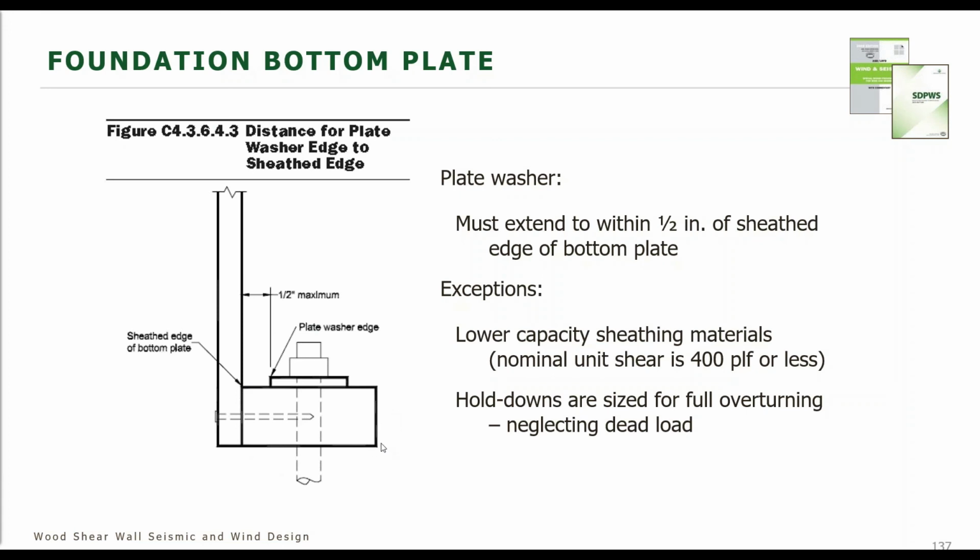But I suspect it had to do with a failure mode that was noticed after earthquakes. What happens for a one-sided shear wall, or even two-sided, is when that shear wall rocks back and forth, it will apply an uplift load on this sill plate, inducing cross-grain bending in this sill plate.